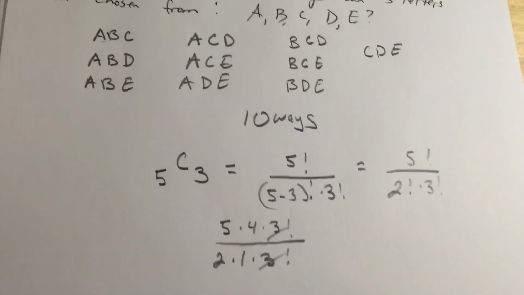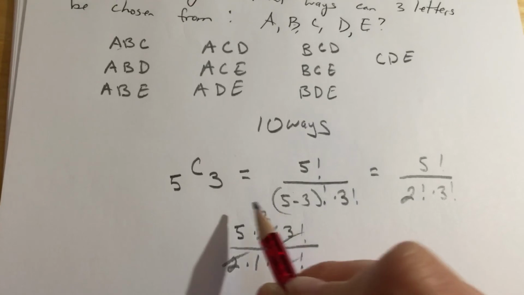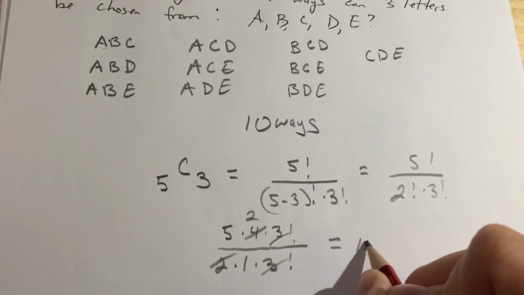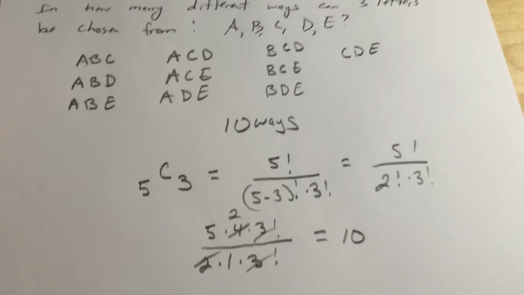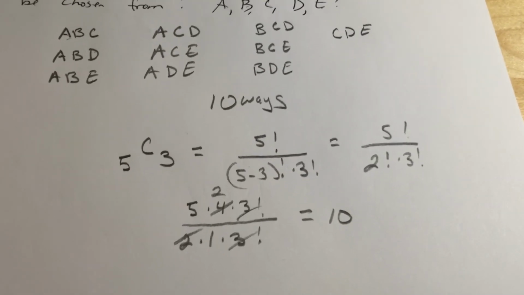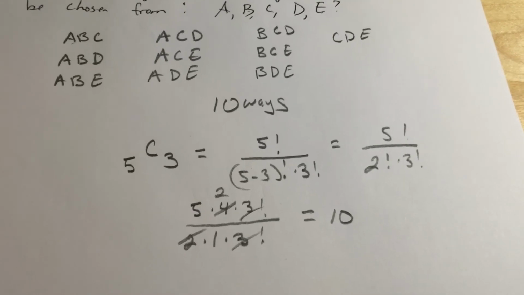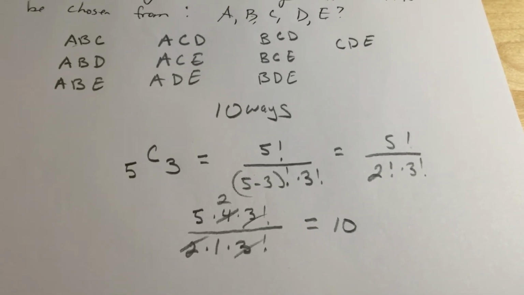The 3 factorials will cancel off, and the 2 and the 4 will also cancel, leaving you with 5 times 2, which gives you 10. So we notice that we got 10 both ways, but the equation way is going to be faster, especially if we have a larger number. So that is your combination.